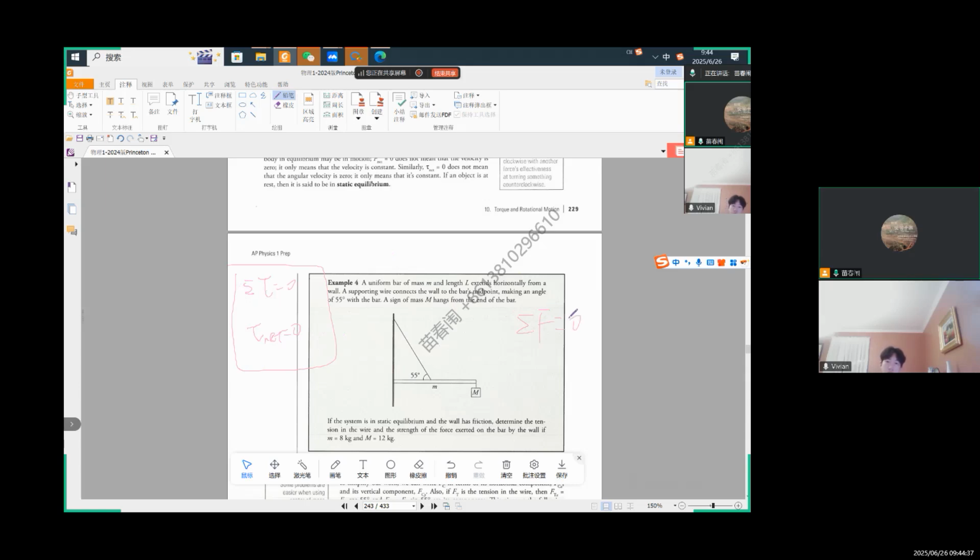As long as they are in equilibrium, all the forces must be balanced too, right? Otherwise, you can't really make the linear. So how do I find sigma F is 0?